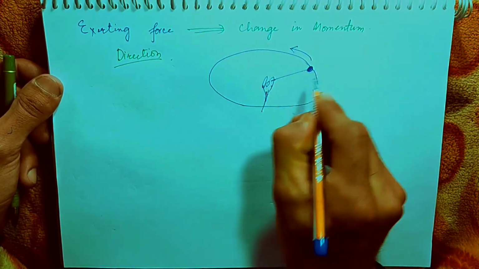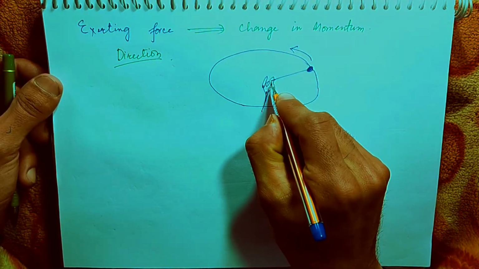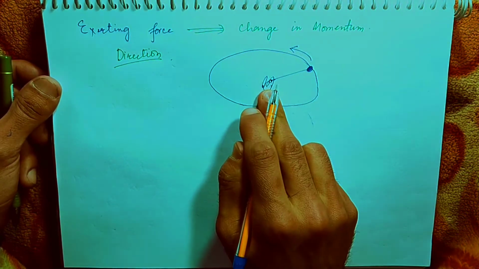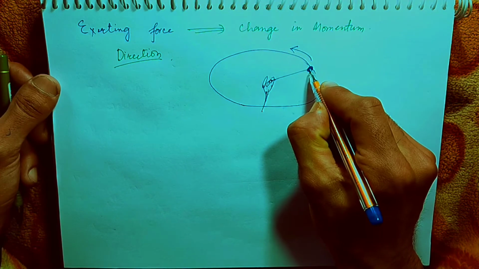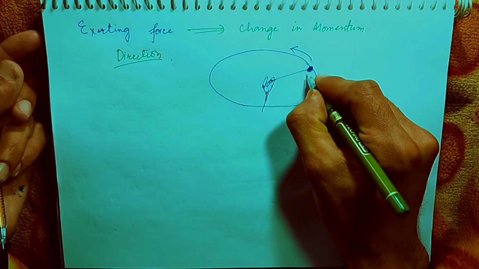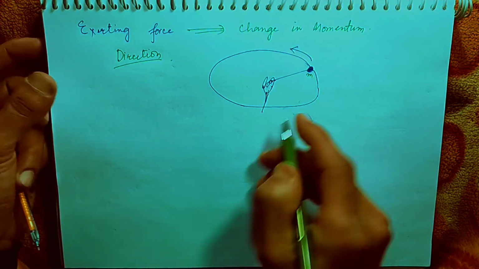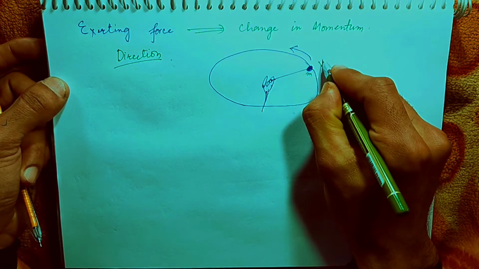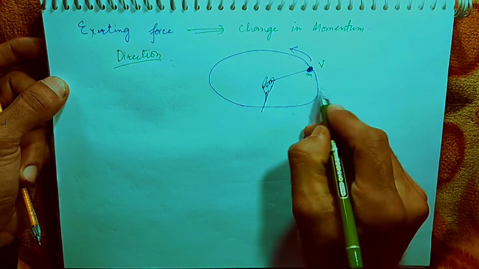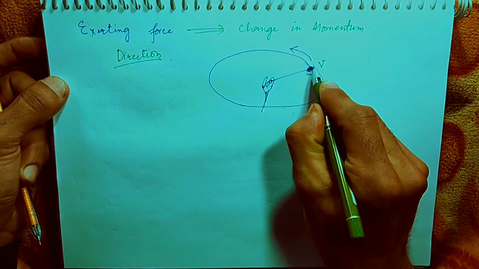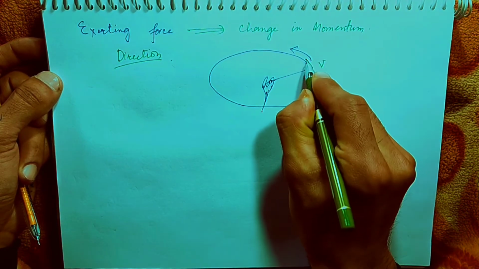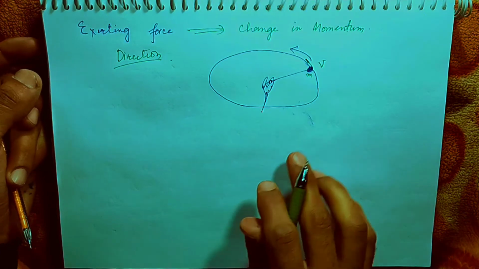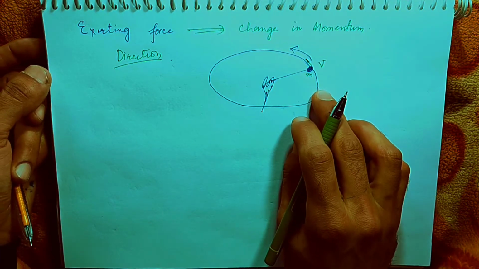For that, I have to exert some force, and the force is exerted by my hand. That's quite obvious. So at every instant of time, this possesses some mass m, and at every instant it will be possessing velocity v, and the direction of the velocity at any instant will be tangent to this circular path.